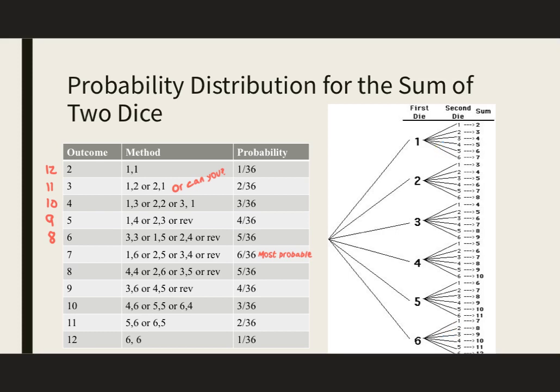And then for 2 and 3 and 4 and 5 and 6, you have all those possibilities again. So you could see all of the possibilities on the far right, that you get 2, 3, 4, 5, 6, 7, and then it starts over 3, 4, 5, 6, 7, 8. And then the only way you could get a 12 is if you roll a 6 and a 6. And that's why there's only one possibility.